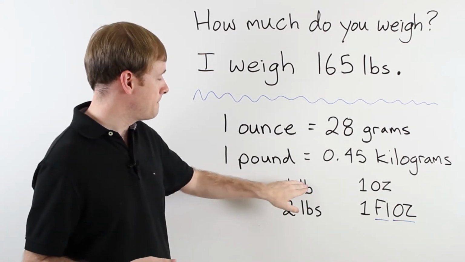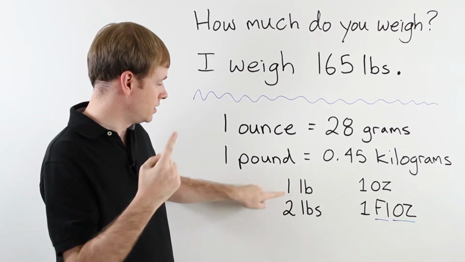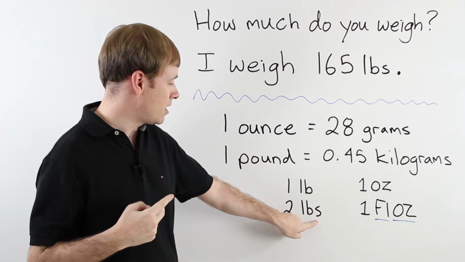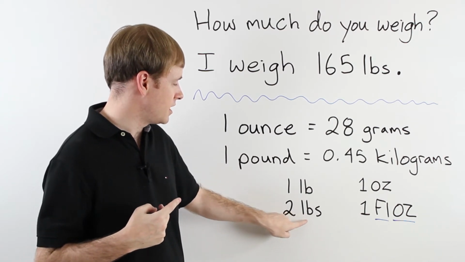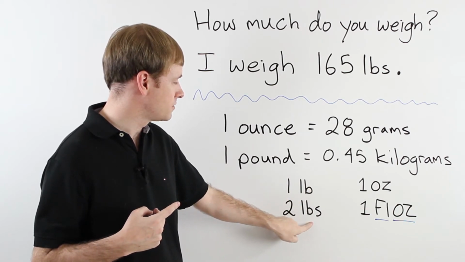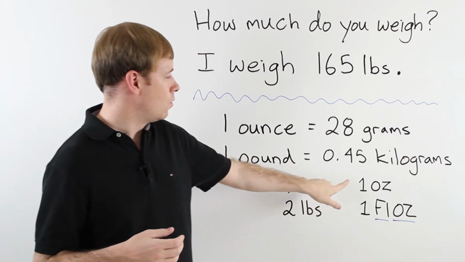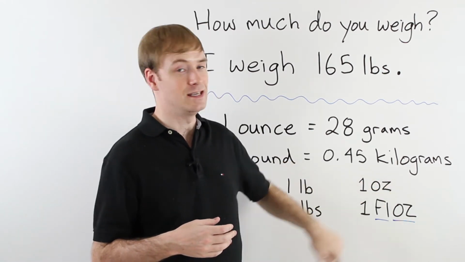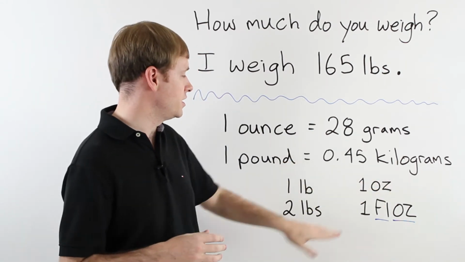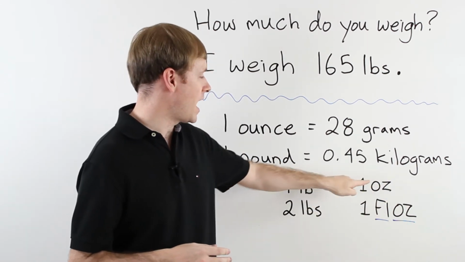So 1 pound. Now we've got 2 pounds. We usually write the S: LBS. 1 pound, 2 pounds. For the ounces, 1 OZ, 1 ounce, 2 ounces, OZ.